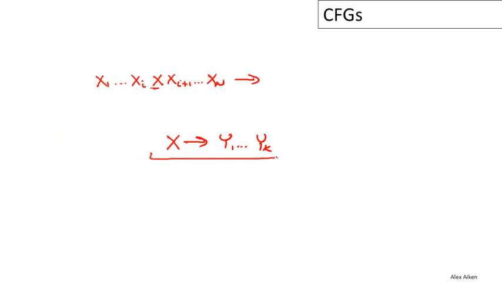So to write this out slightly more formally, a single step here consists of a state, which is a string of symbols, and these can be terminals and non-terminals. And somewhere in this string is a non-terminal X, and there is a production for X in our grammar. So this is part of the grammar. Okay, this is a production.